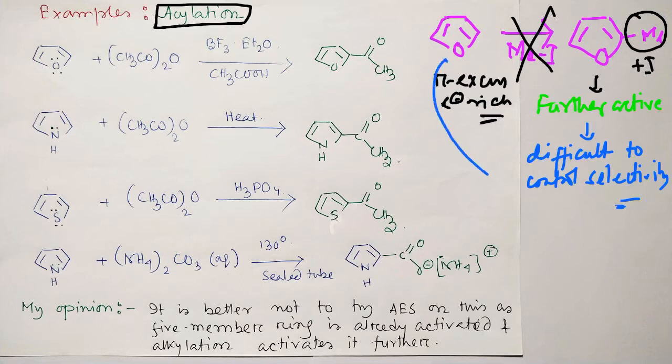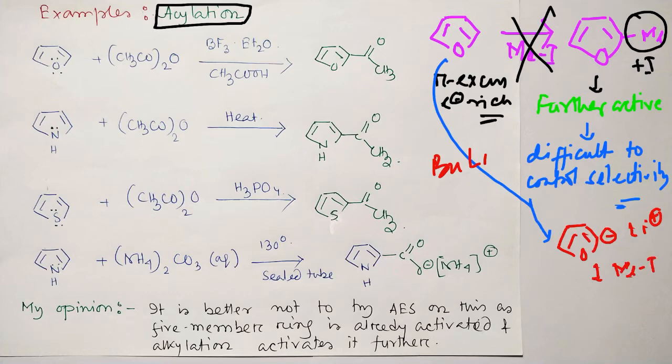First of all, you can follow a bypass route, like you can take butyl lithium in anhydrous solvent, and what will it result? It will result in this anion here, this is more acidic, okay, lithium. And after that, if you take methyl iodide, then selectively you will have this 2-methyl furan. So in this case you have to follow a different strategy because of this reason. Okay, so I guess you have understood this point.